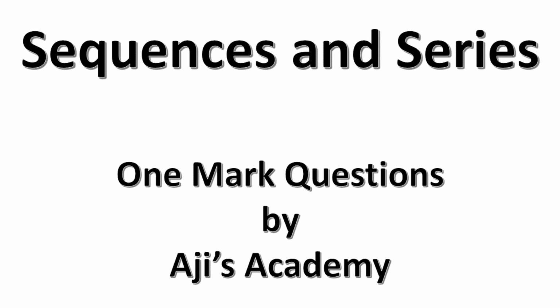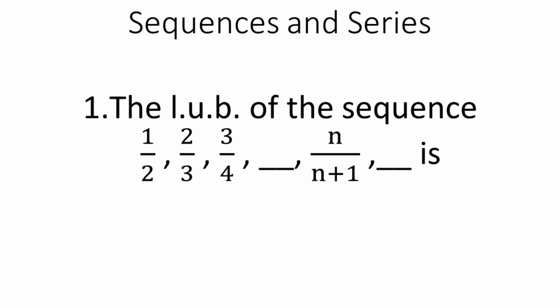Okay. Question number 1. The LUB of the sequence 1 by 2, 2 by 3, 3 by 4, etc., n by n plus 1, etc. is. This type of question, first verify whether the sequence is monotonic increasing or decreasing. Okay, first you fix the monotonic sequence.